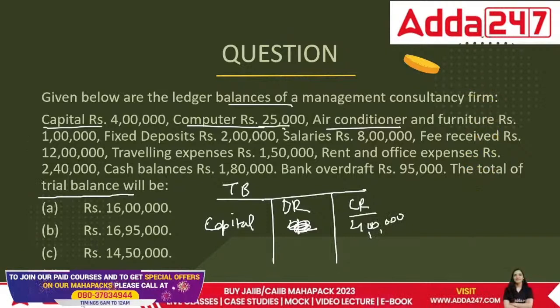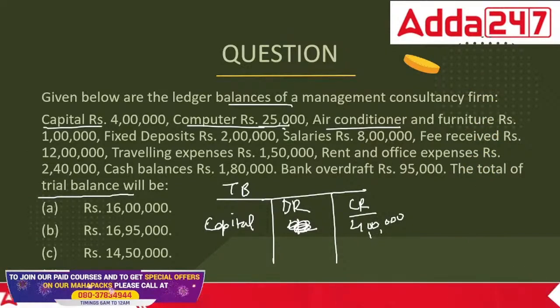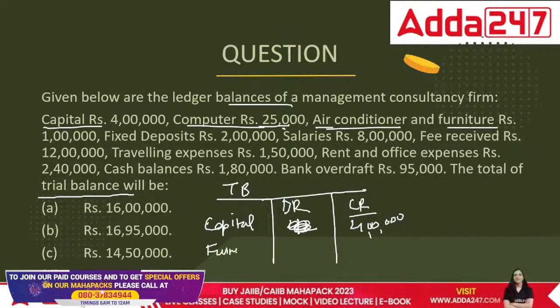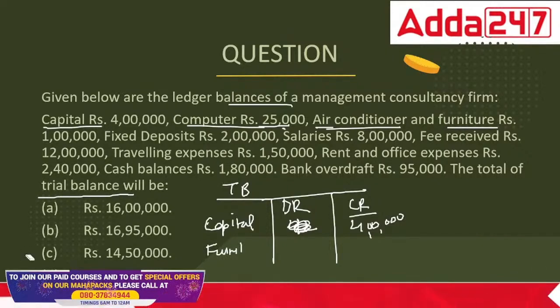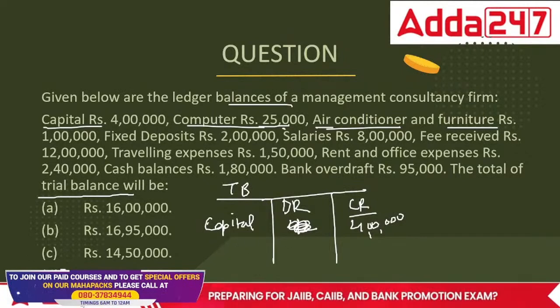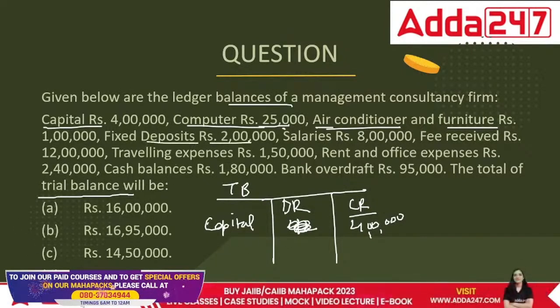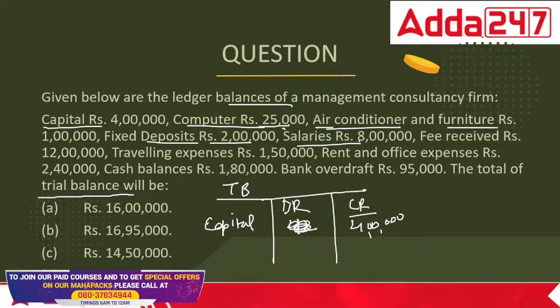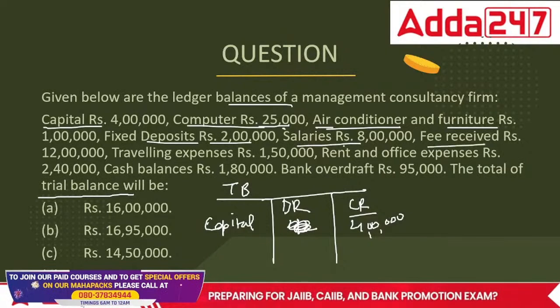Computer is an asset, so not included. Air conditioner is an asset, not included. Furniture is again an asset, not included. Fixed deposits, again an asset. Salaries and expenses are on the debit side. Fee received, 12 lakh.